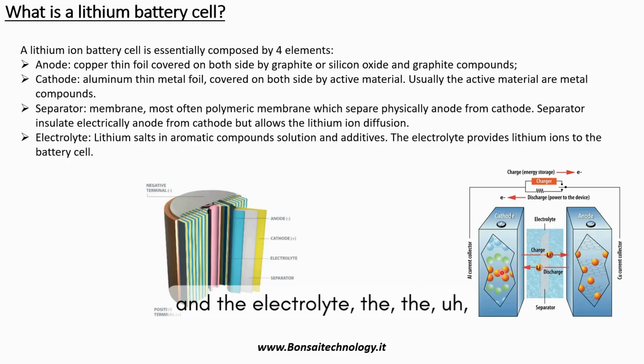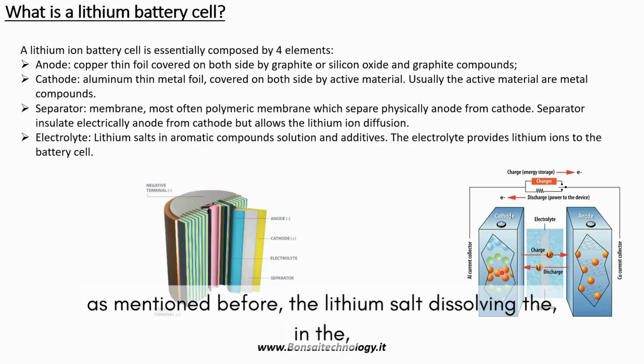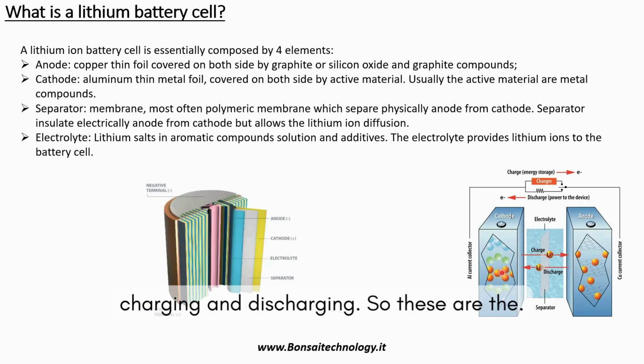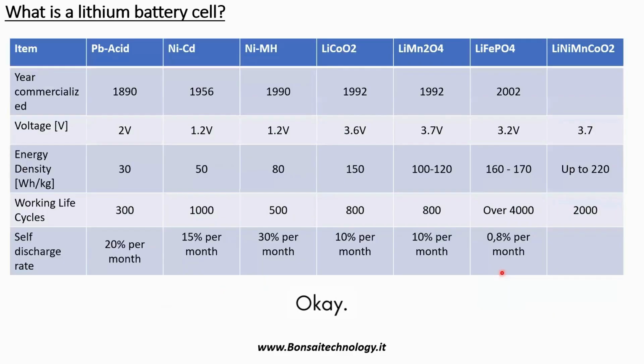The lithium salt will be transformed into ions, and the ions are able to move from the cathode to the anode and vice versa during charging and discharging. So these are the main elements that compose the battery cell.